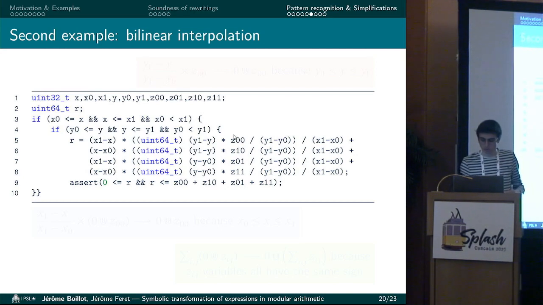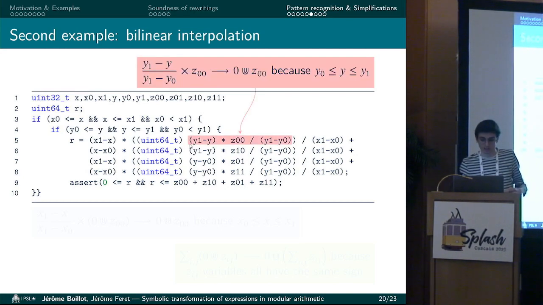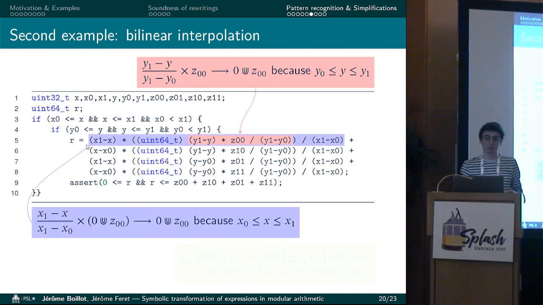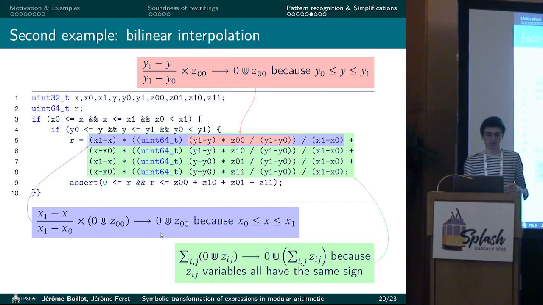We can see that this corresponds to a pattern of linear interpolation. So that's something between 0 and z00. This is a bigger interpolation that is nested, and that's again something between 0 and z00. And then we add three similar patterns. So the sum is just something between 0 and the sum of the zij.